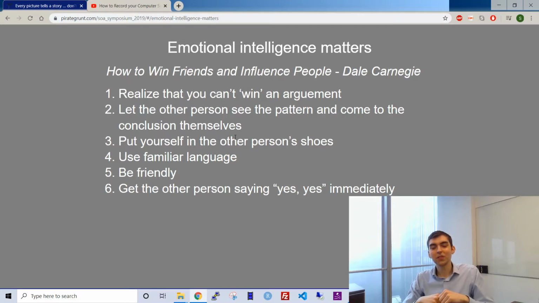Fortunately, though, this is not something that is new. This is an age-old problem, as old as humanity is. One book that helps is called How to Win Friends and Influence People by Dale Carnegie. A few bullet points from this book were realize that you can never win an argument. If you're presenting something, if you're creating a graph, and you create something that's adversarial, that's confrontational to the audience's viewpoint, it is very unlikely that you will change their mind.